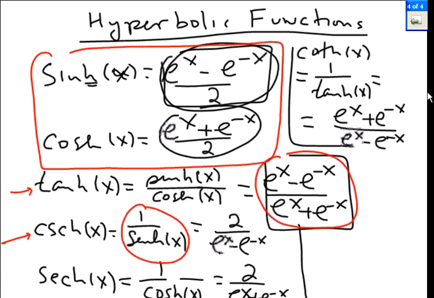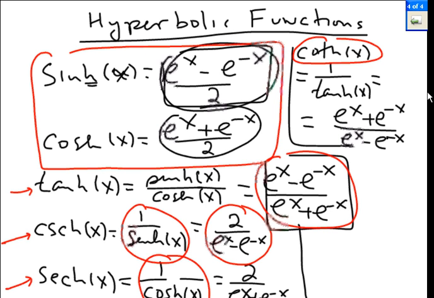Don't really have to do any dividing there like we did with hyperbolic tangent. Just flip over, we take the reciprocal of sinh of x. Secant hyperbolic, flip over the cosh of x. Cotangent hyperbolic of x, well, if you know what the tangent of x is, flip it over, you'll get the hyperbolic cotangent of x.